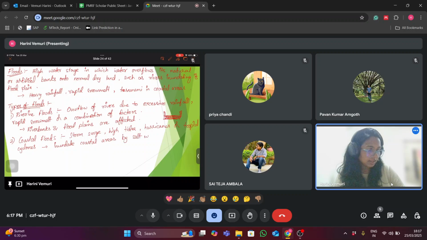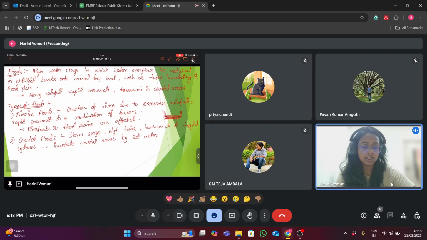All these are due to the rise of water level of the oceans, which is salt water, right? This salt water will inundate the areas in the coastal plains, and mostly you see this in the Andaman and Nicobar Islands, which are highly susceptible to coastal flooding. Also, the Lakshadweep Islands have a high coastal flood hazard.